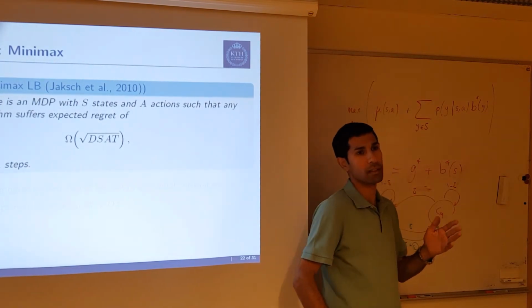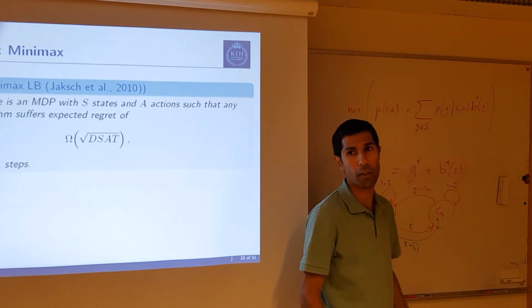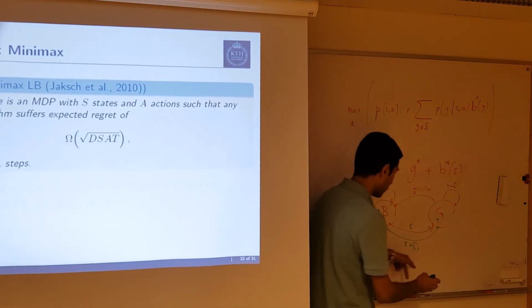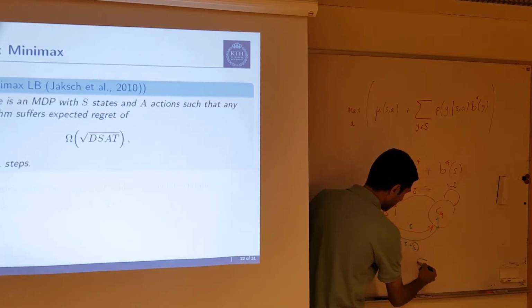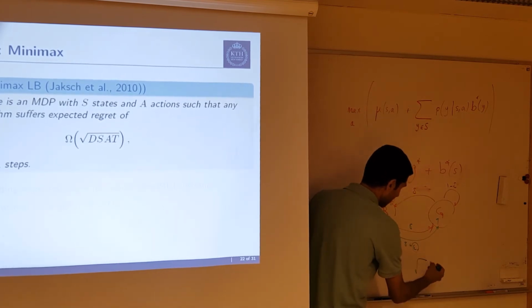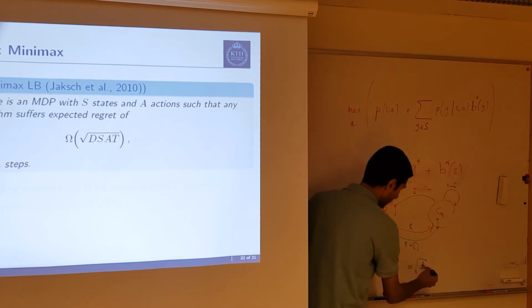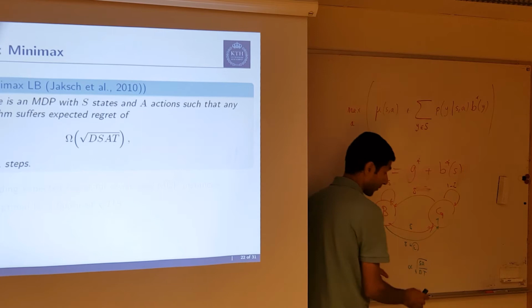You choose something like, for example, 1/3 or one half. But epsilon is chosen to be proportional to, at least, A over T as a function of T.